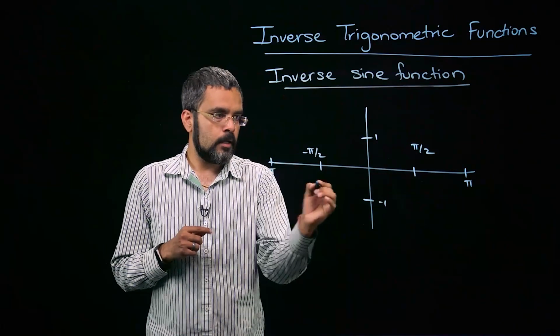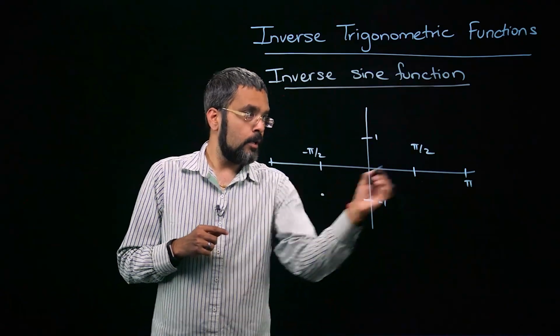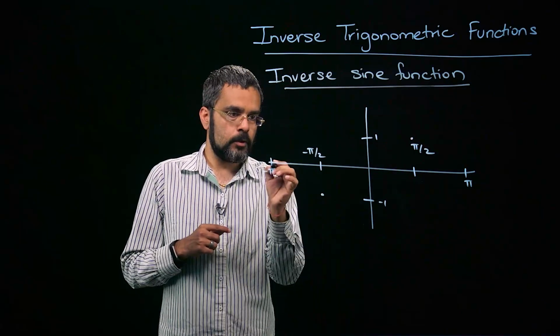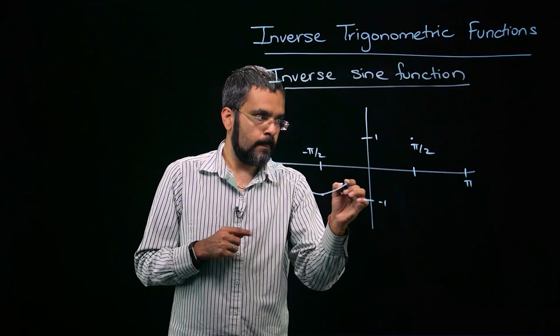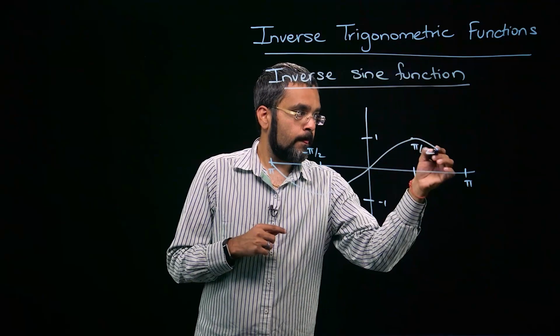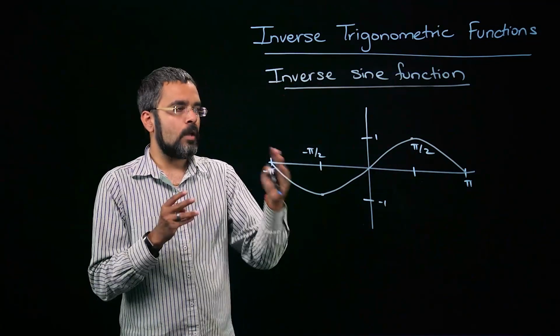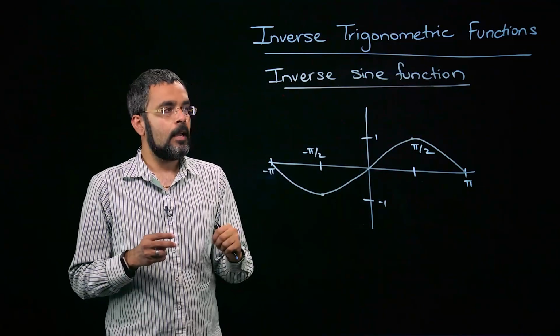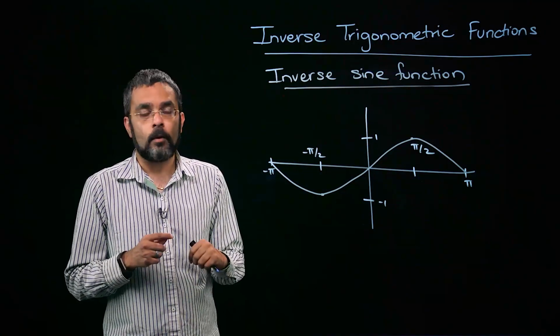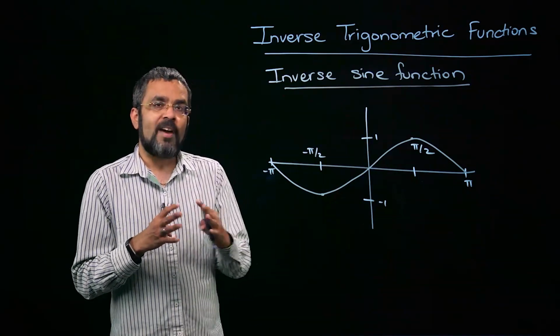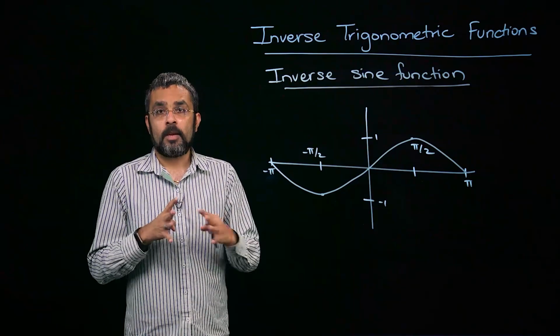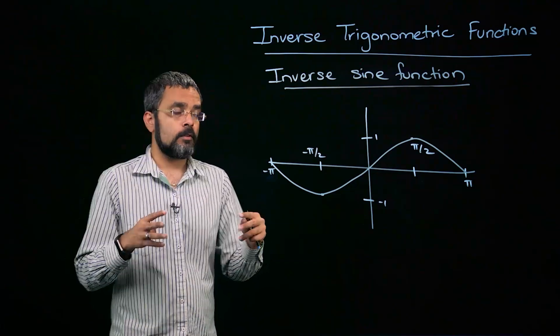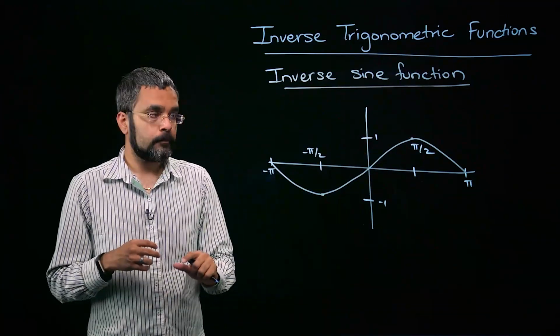Now if you graph your function, it comes out this way. That's one cycle of my sine function, and obviously it is not one-to-one. Now think about all the values that sine can assume, the range of the sine function, which is negative 1 to 1.